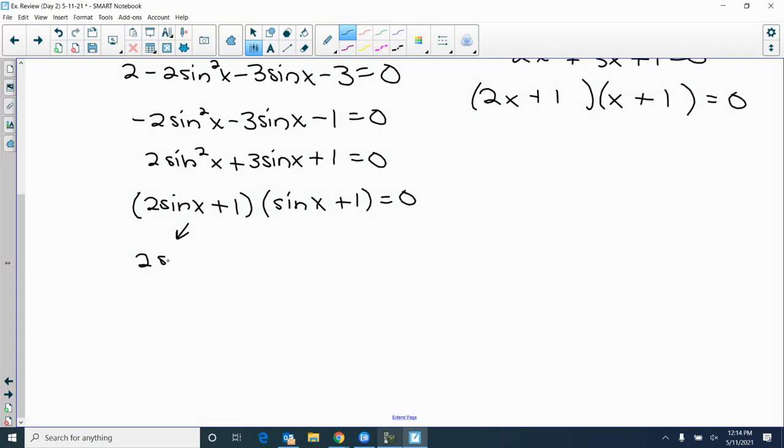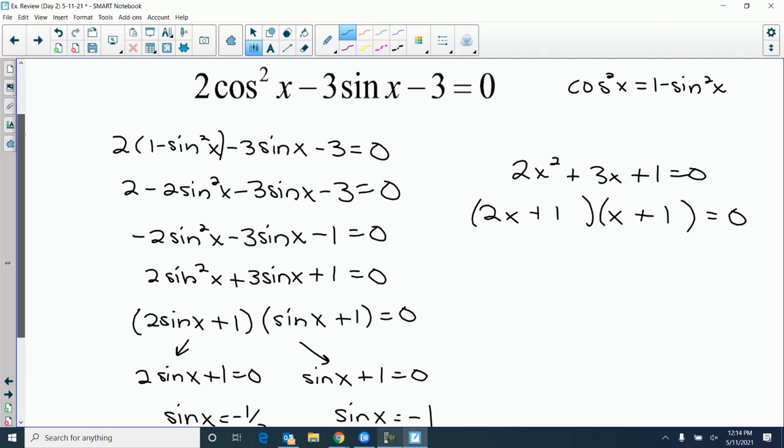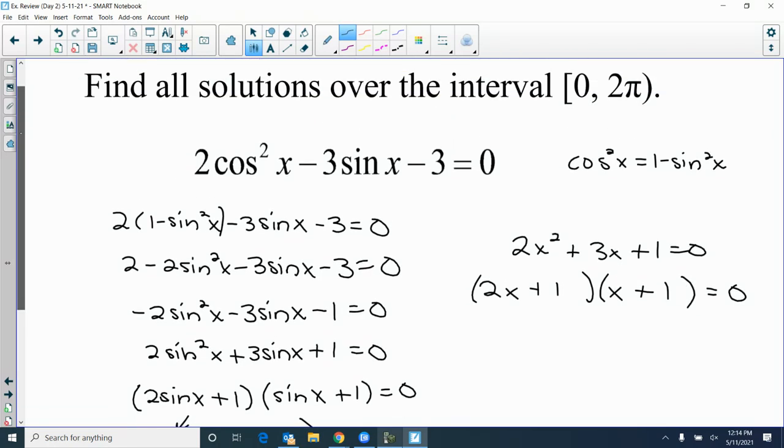And then we set each of those equal to 0. And I get sine of x equals negative 1/2. And I get sine of x equals negative 1. All right, I want to give you first shot here. This is between 0 and 2 pi.